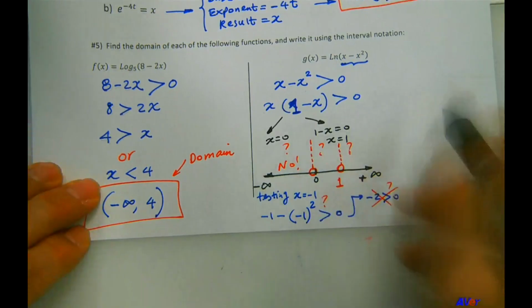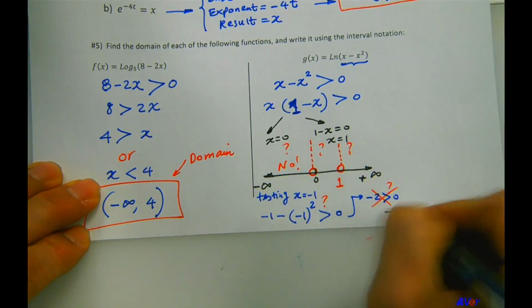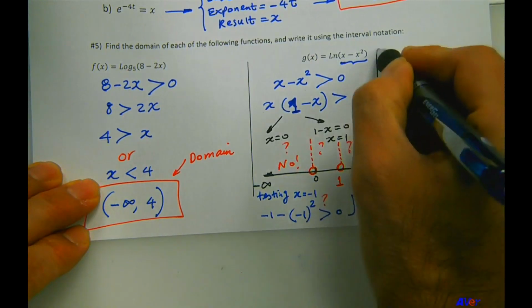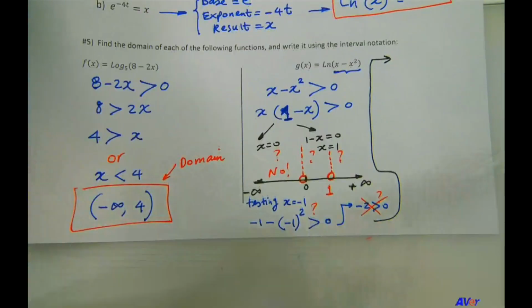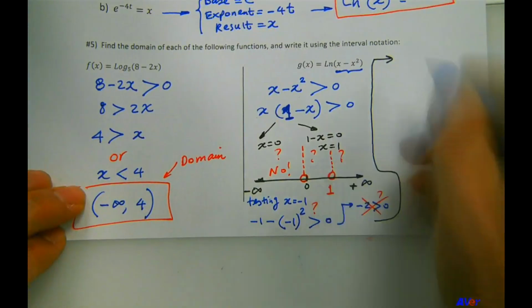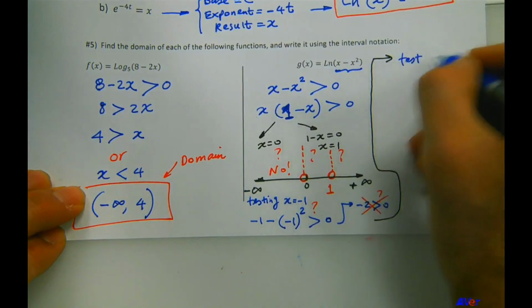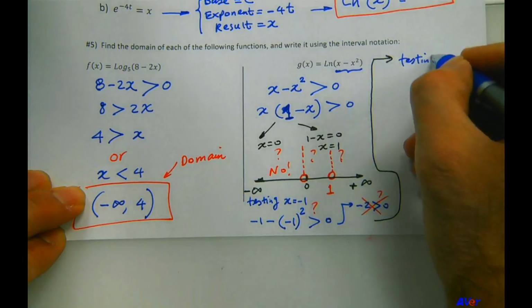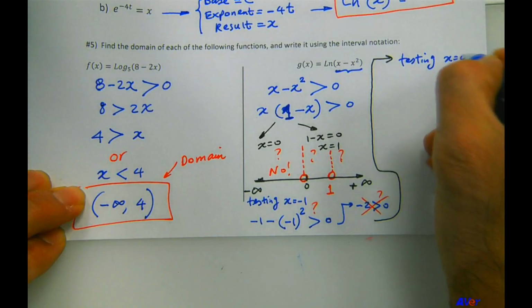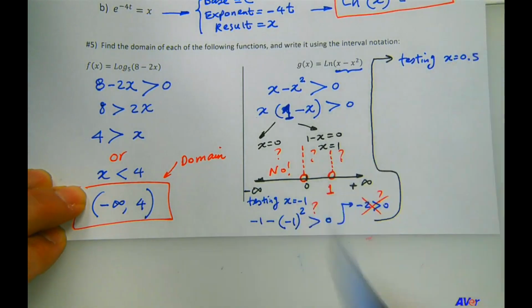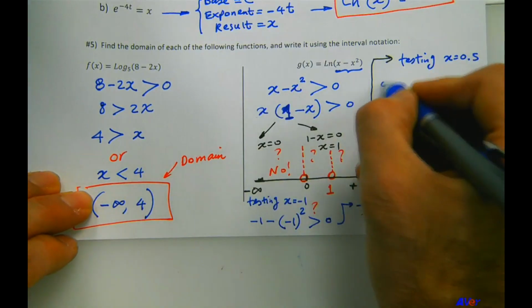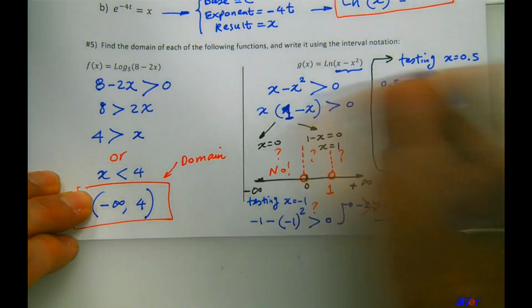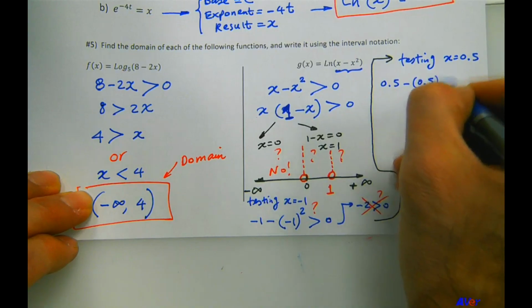Okay, so let's test other x values. Testing an easy number here, x equals 0.5, between 0 and 1. Let's plug it into this inequality: 0.5 minus 0.5 squared.